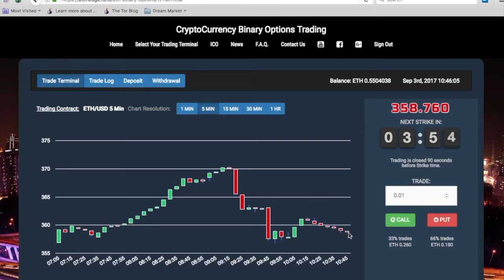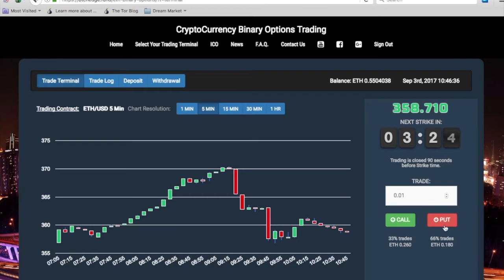For example, you think that the price will go up from now on and will be higher at the strike time. In this case, you are buying a call option. That means you think that the current price, which will be a fixed price for your contract, will be lower than the price at strike time, or strike price.